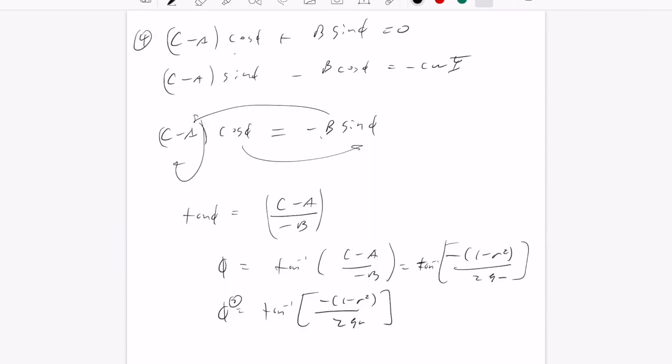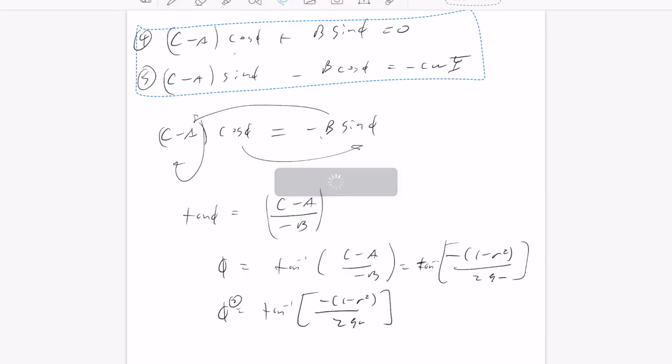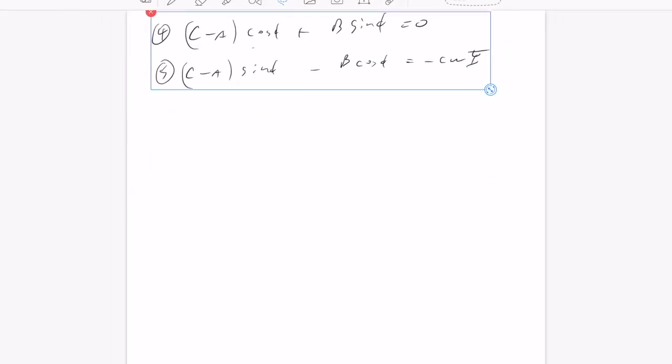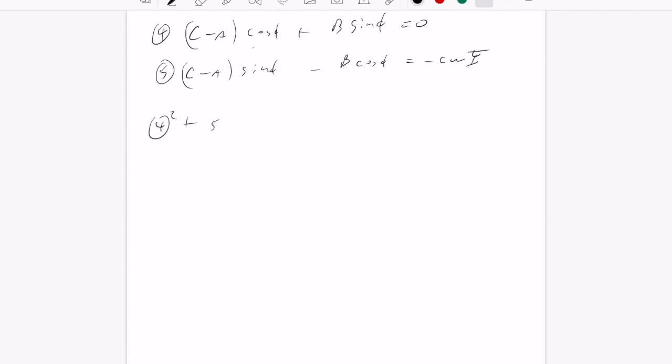So we'll call this equation 4, this equation 5. Copy, okay. And we're going to square 4 plus 5 squared.